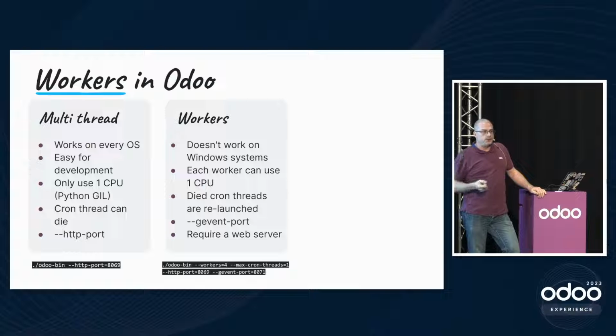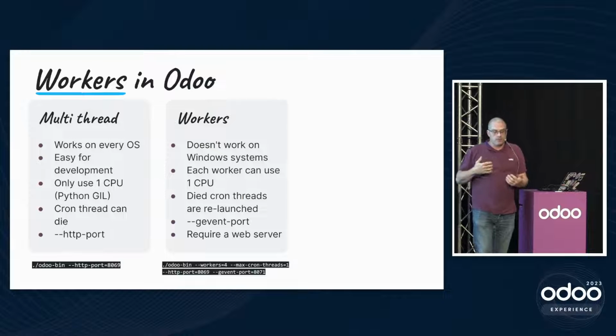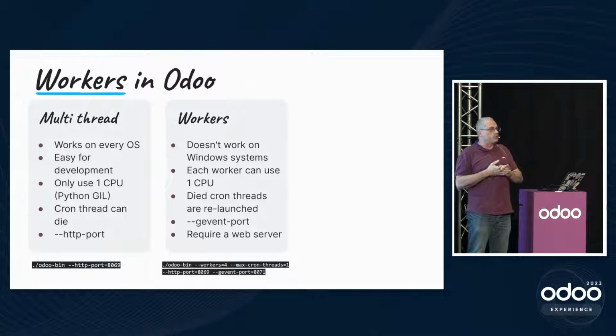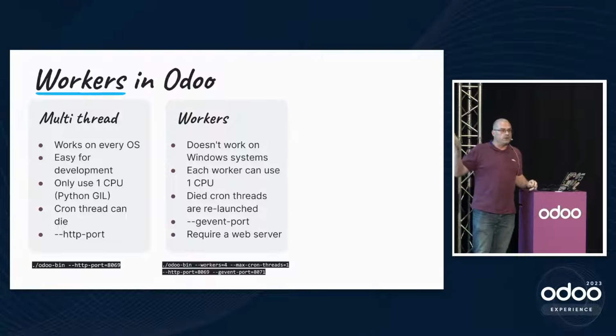Processes are separated, they are not facing the jail, so you can use all the CPUs of the machine. There is the main process which controls if all the processes are alive or not. That means if your cron process dies, the system will relaunch the cron process.